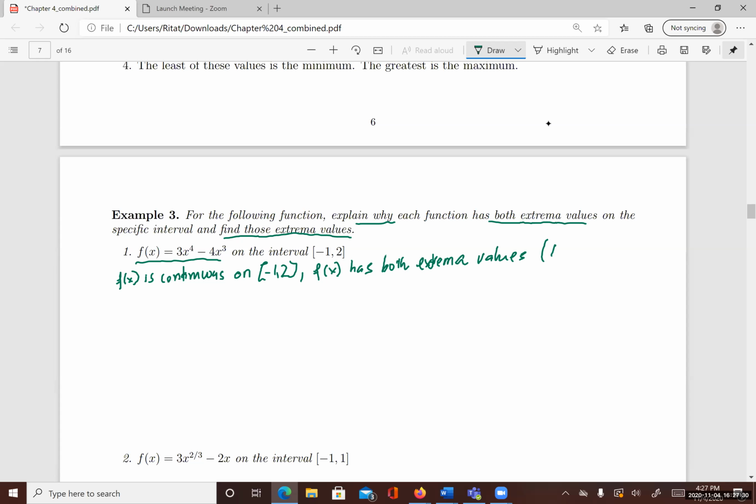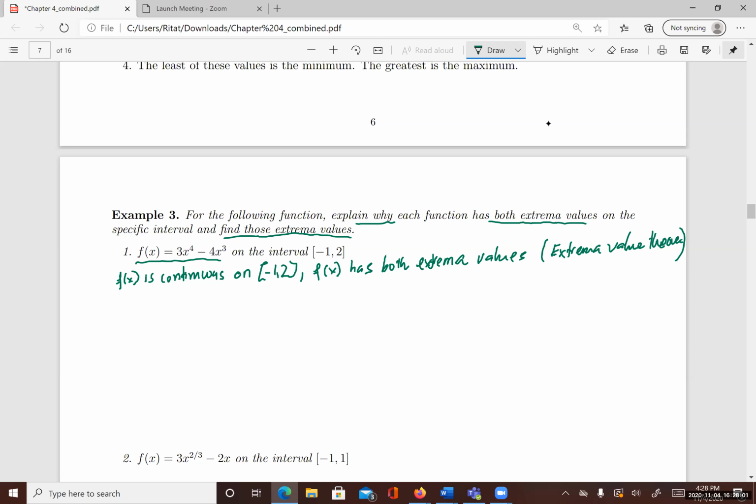By the theorem, on the closed interval, we know that there are two of them, two values. The reason why we have to make sure that the two extrema values exist is that, most of the time, before trying to find something, you want to make sure that it exists.